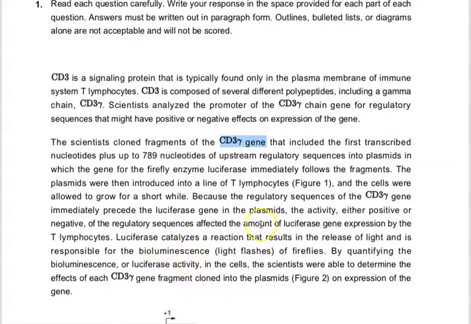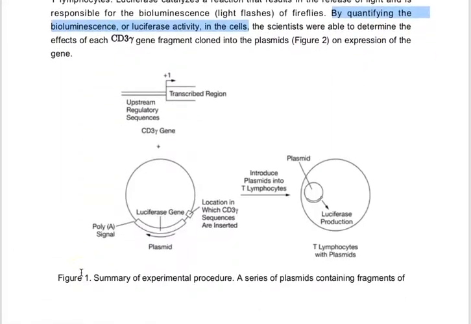Okay, so we'll continue. It says, by quantifying the bioluminescence or luciferase activity in the cells, in the T lymphocytes, remember, the scientists were able to determine the effect of each CD3 gene fragment cloned into plasmids, figure 2, on expression of the gene. So we have two figures.